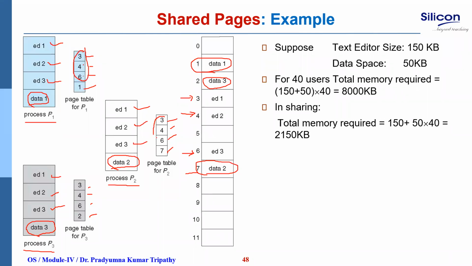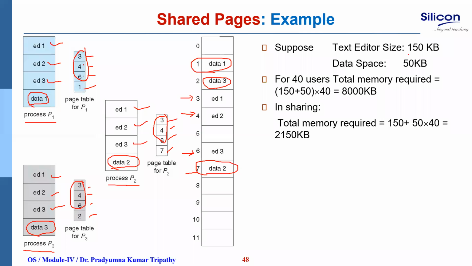For all these 3 processes, the frames are the same. The only difference is in the data part. So in this way, everyone is not keeping a duplicate copy; rather the same copy is being shared. So the same frame numbers are being shared.